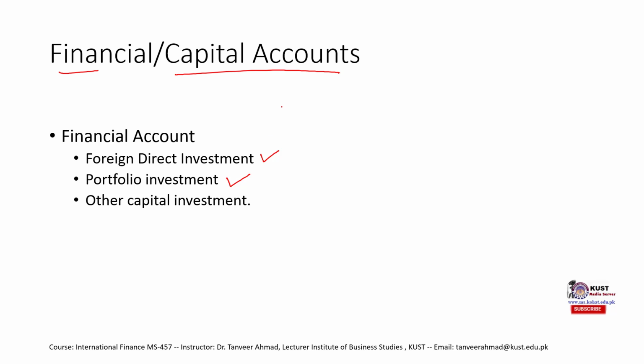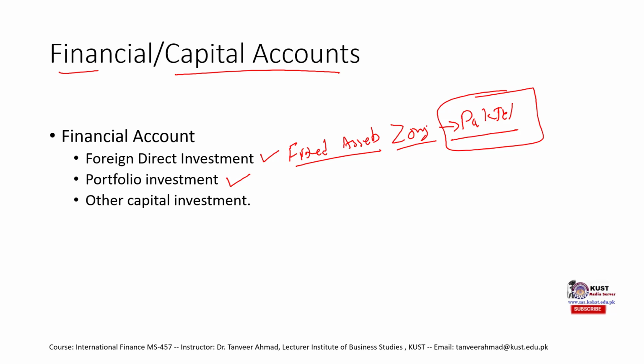Foreign direct investment is the amount paid as investment in fixed assets. For example, when Zong purchased a firm in Pakistan, what they did is purchase the fixed assets of this firm.